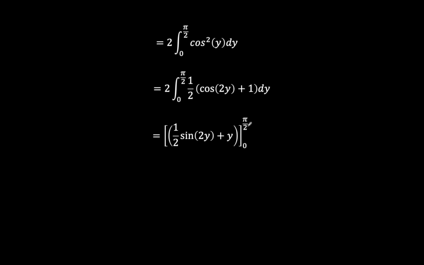So from 0 to pi over 2, we substitute the limits, and then we have sine 2y, where we place pi over 2 in place of y, which is 0, and at 0 is 0. So this y here becomes the remaining variable. And so pi over 2 minus 0 is pi over 2. This is our final answer.